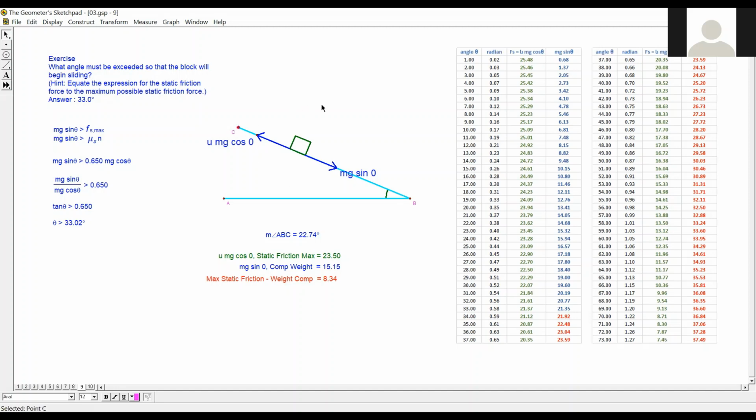So coming back to this diagram here, I have created this angle that can move. As we move the angle, I calculate the angle here, the component of the weight and the maximum frictional force. Where it's a negative number, that means the weight has exceeded the frictional force.